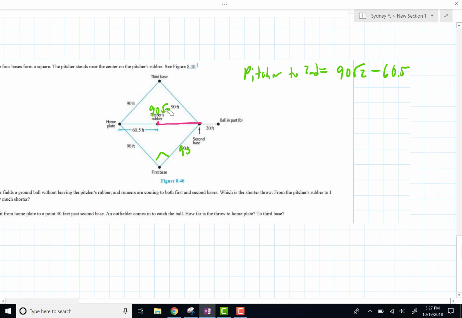Let me get rid of this triangle maybe. So now we want pitcher's to first base, so we're going to be looking at that triangle. It is not a right triangle because the pitcher's rubber is not quite in the center, so careful. I should get a decimal for this because that is the length we're going to need there. So 90 root 2 minus 60.5 is 66.779. So this is 66.779.